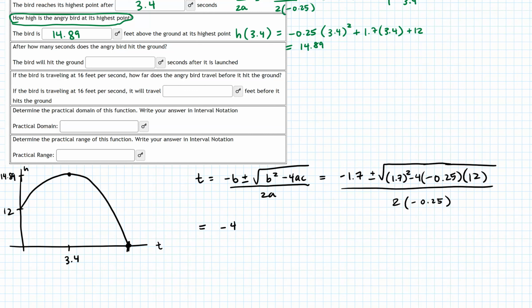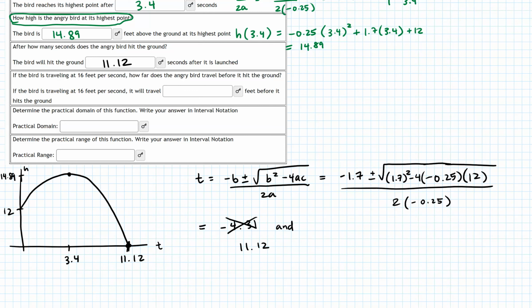So one of them is going to be negative 4.31, and the other one is going to be 11.12. Now, the thing that we're measuring or calculating here is an amount of time, and so in the context of this question, we don't really want to be looking at a negative time value. So the answer that we want to look at is the positive time value. So what that means is it's going to take 11.12 seconds for the bird to hit the ground. So 11.12 is the answer for that one.